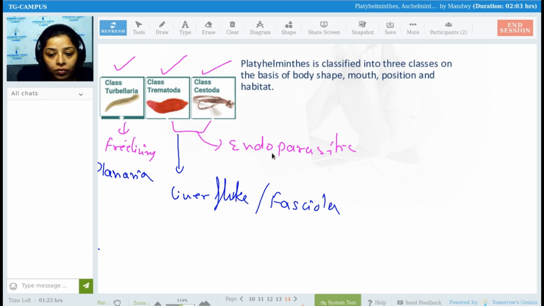Then Cestoda, Taenia, the pork worm or the beef worm.